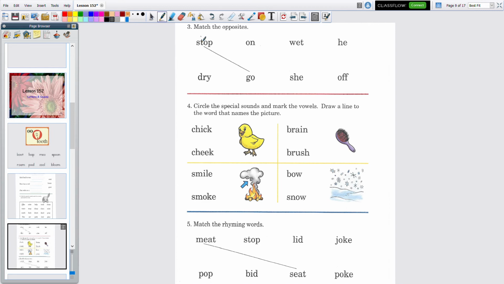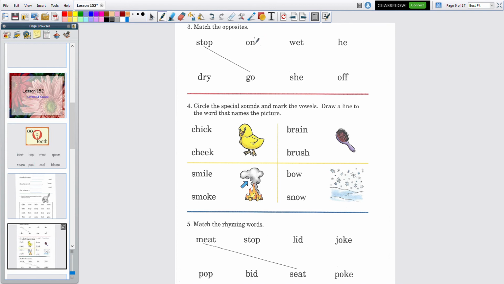So here we go. We have opposites. If you're not going to stop, you're going to go. So that means either you stop or you go. They're opposites. Just like up and down are opposite. Up is there, this is down.